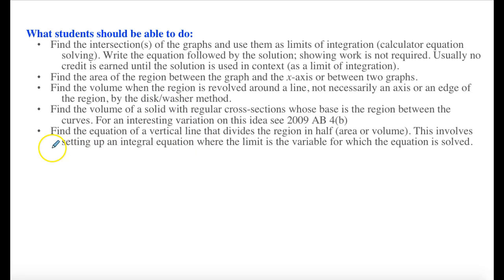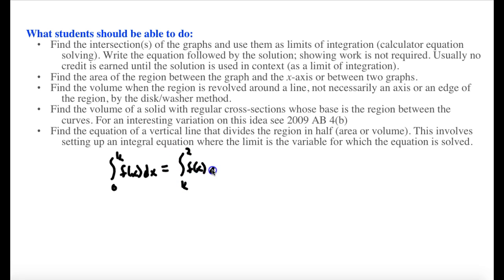And then we've only done a couple of problems like this, but this has become a more popular topic recently. Find the equation of a vertical line that divides the region in half. So that's the type of thing where we said, if we have the entire region, we're going to say we want the area from 0 to k of our function to equal the area from k to the end of our function.